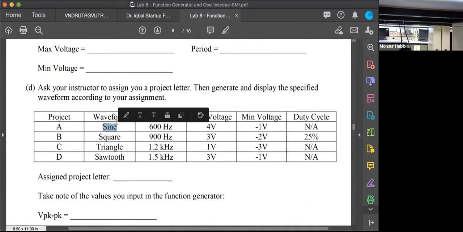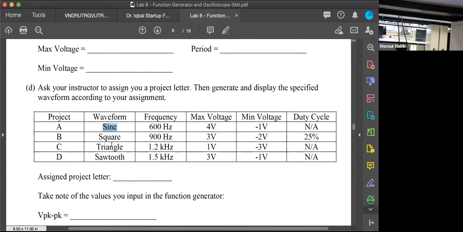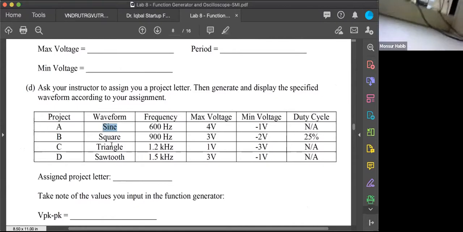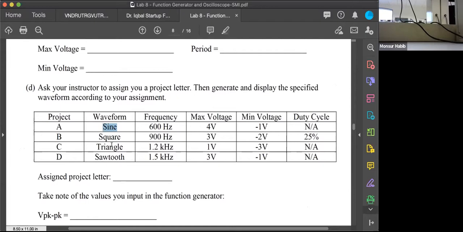There, the only option is sine wave, which is perfectly fine. When you do all this, you take a screenshot, and that screenshot goes under this heading of your lab. We don't have max voltage and min voltage, but we have the voltage that you can set there. So use these values for input and take a screenshot, and that will go into your lab.